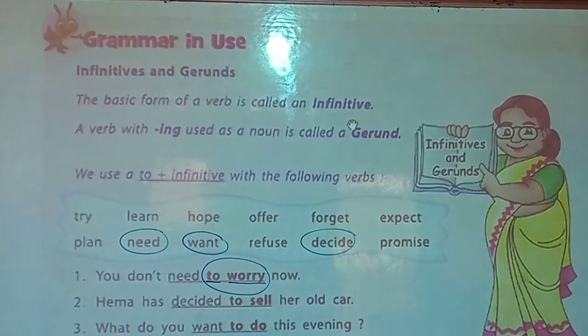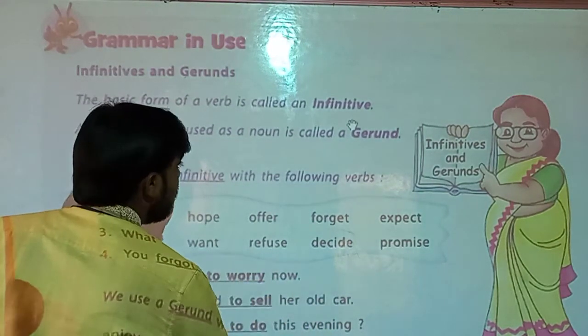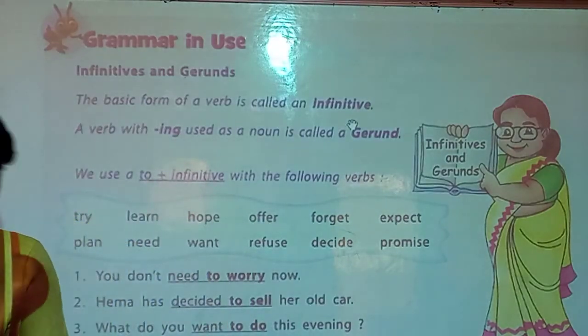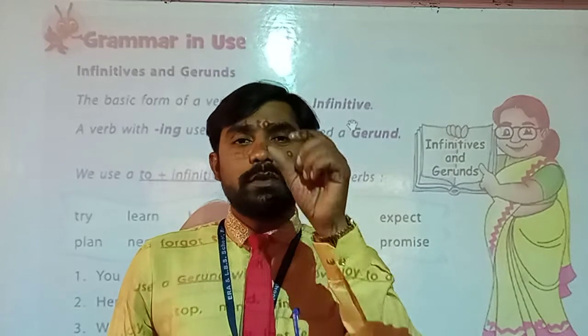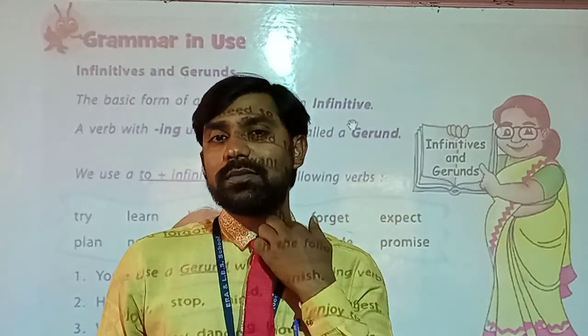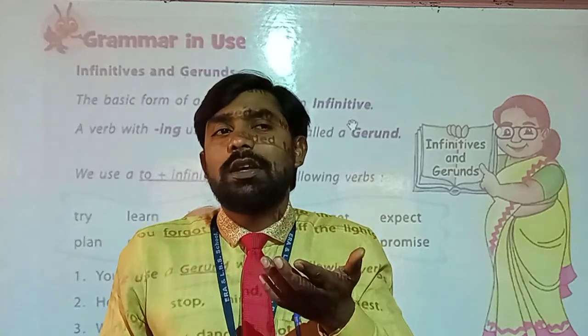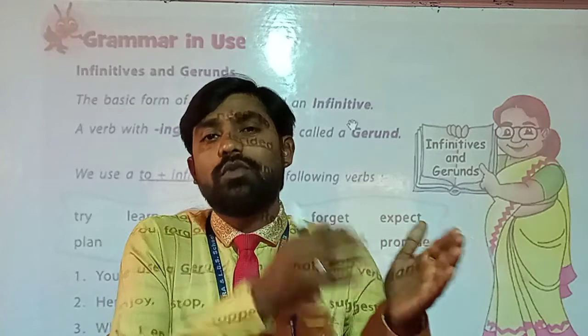Now students, I hope you understood this infinitive. When in a sentence we are using one verb, and we need to add something to it. If I am saying I want, you should complete that sentence. What do you want?